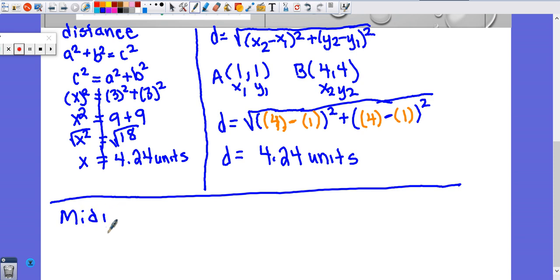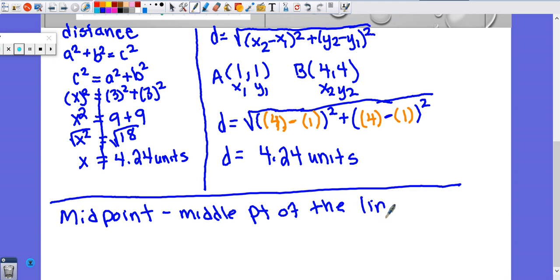So if I did midpoint, and that means the middle point of the line, or not even the line segment, the line segment.